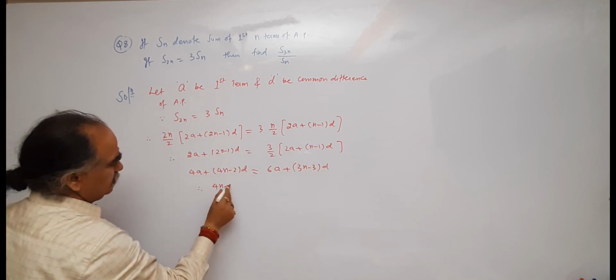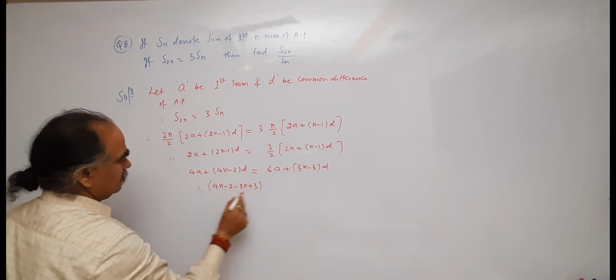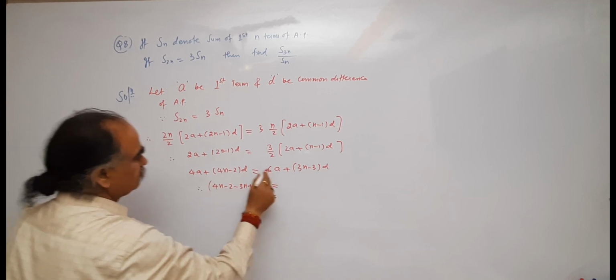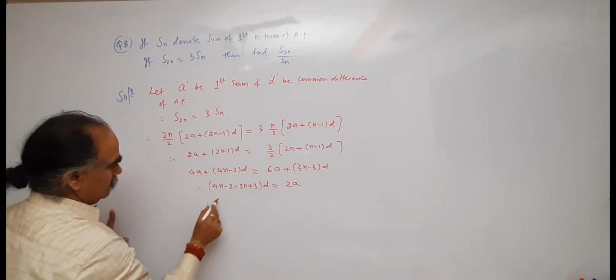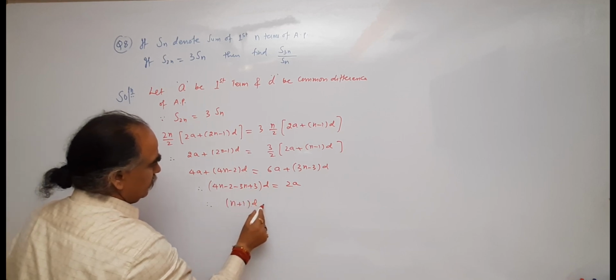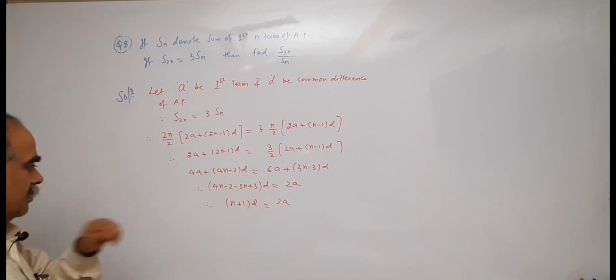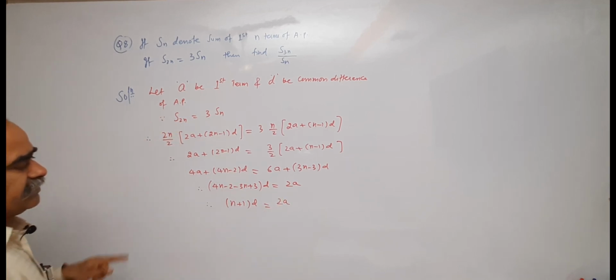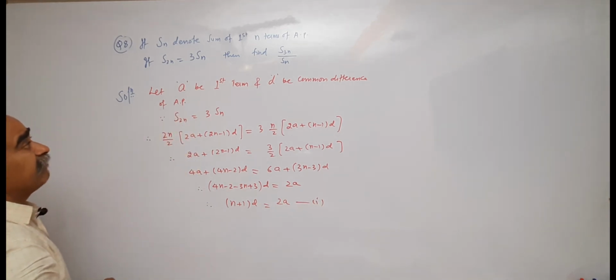So 4n minus 2 minus 3n plus 3, into D is equal to 6a minus 4a, which is 2a. So n plus 1 into D is 2a. So 2a is n plus 1 D. Equation number 1.